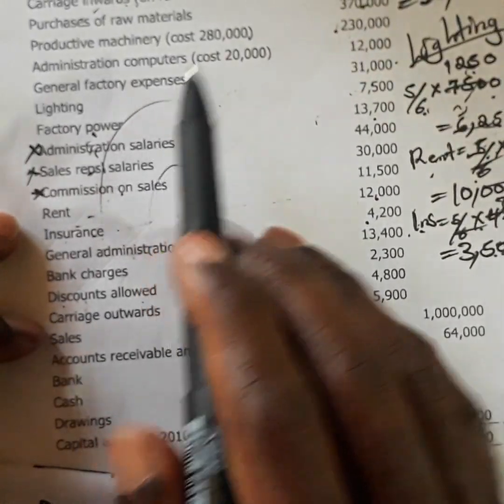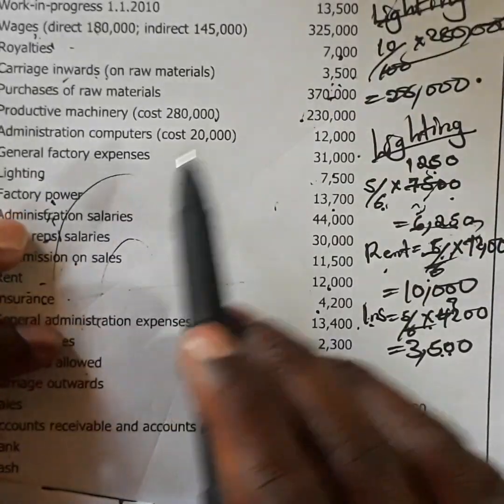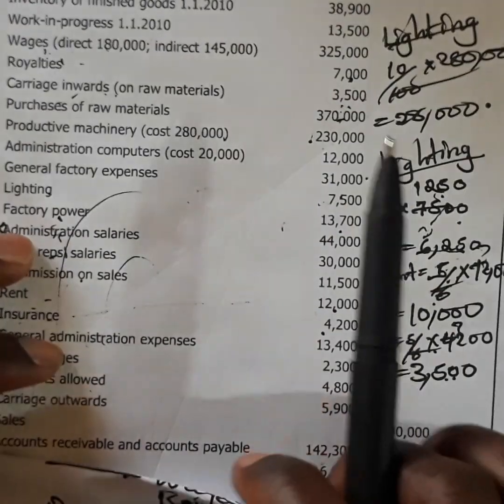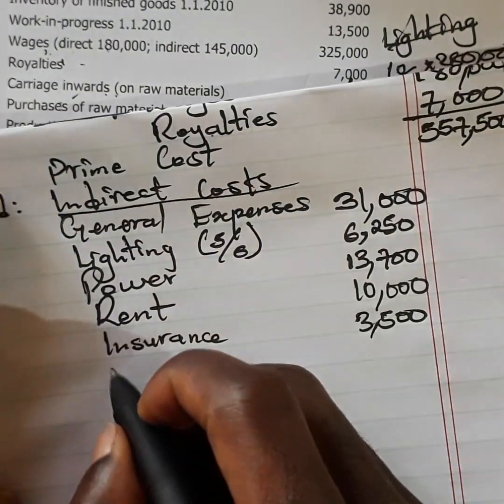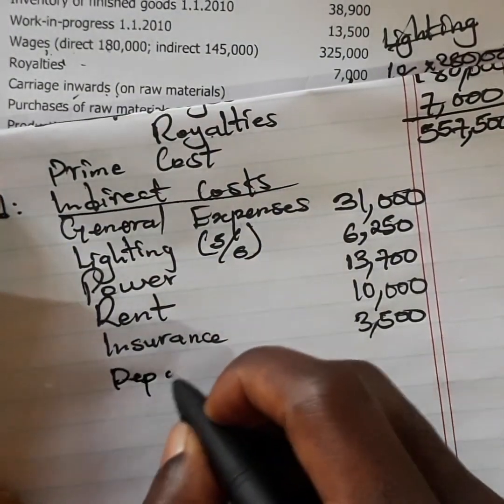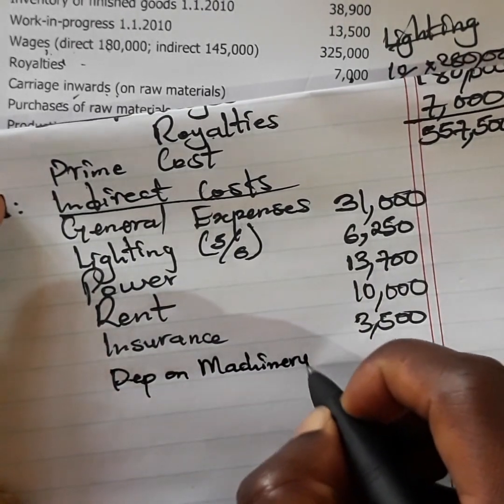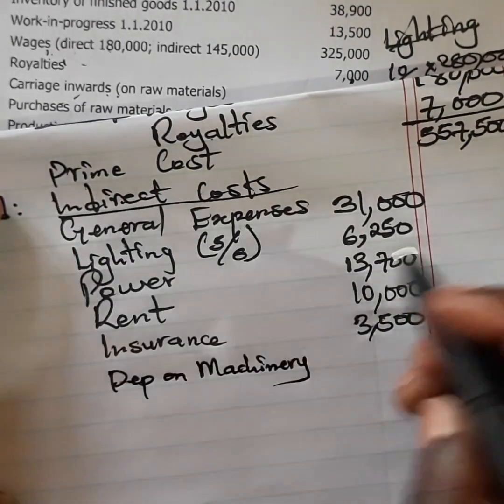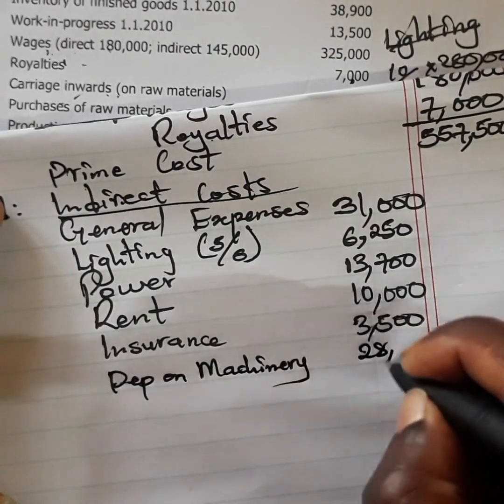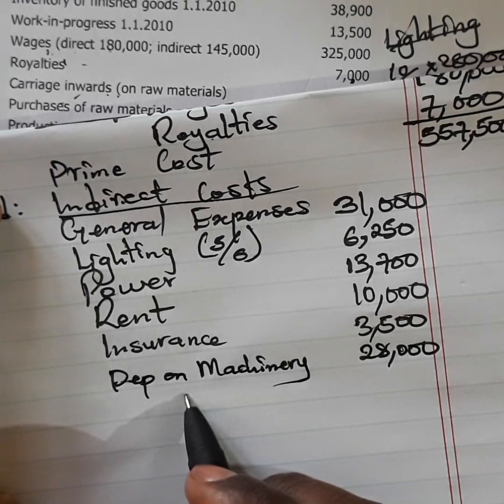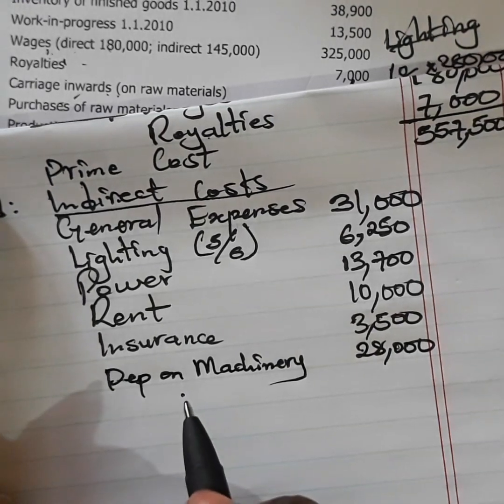So it means we get 10% of that, which is supposed to be 28,000. So we are supposed to add depreciation on machine. And why do we add this depreciation as indirect expense? Because we don't know actually which items lead to the loss of value for these particular machines.